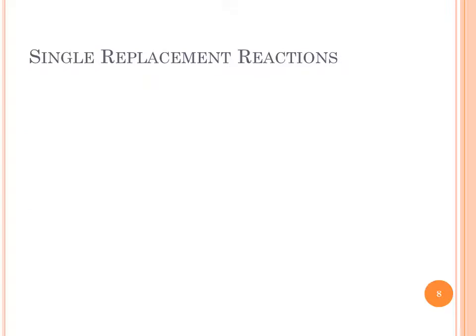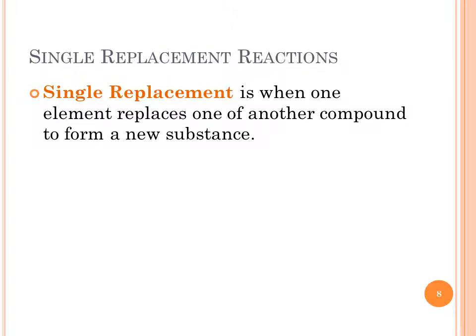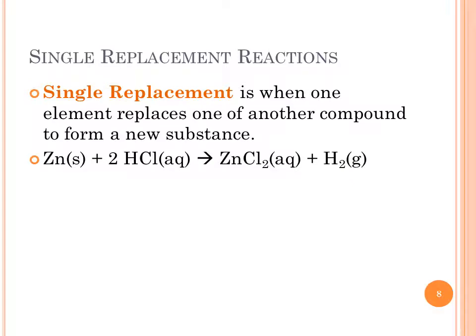Your single replacement reactions occur when an element displaces another element within a compound, and as such it forms a new substance. The zinc reacts with HCl in this case, where the zinc is going to displace the hydrogen.